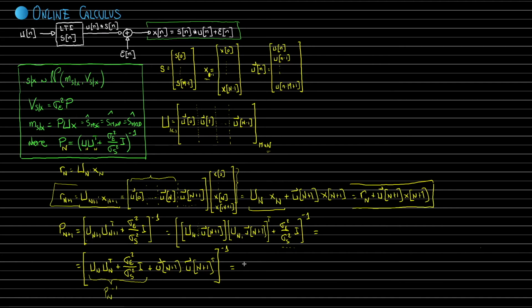So we can write this as Pn to the minus 1 plus u n plus 1 times u n plus 1 transpose. And we have to compute the inversion of this. Well, how can we compute this inversion?